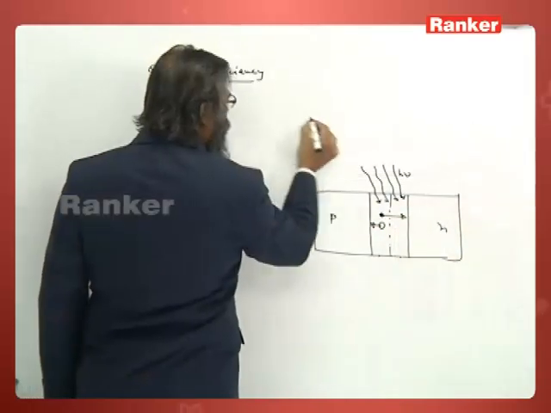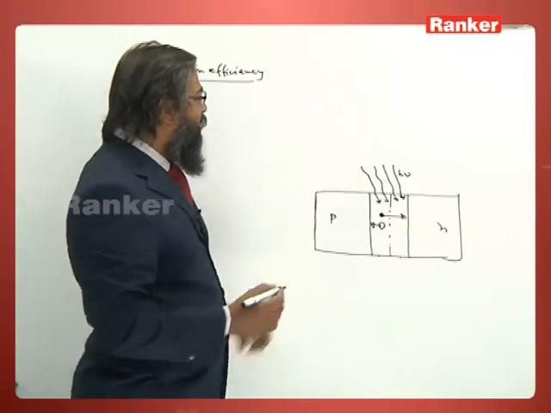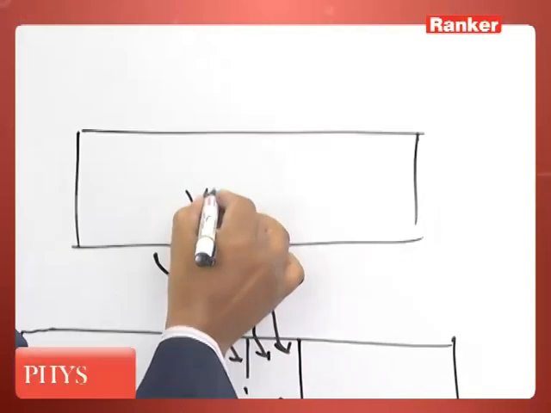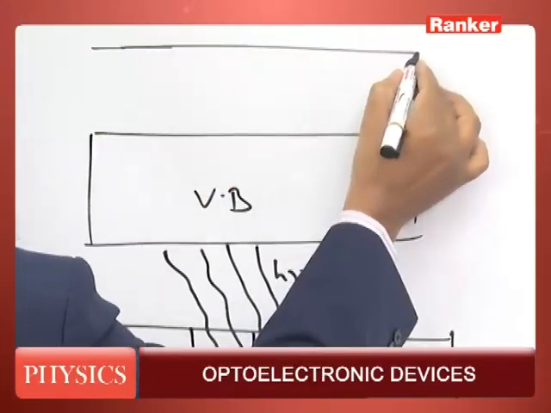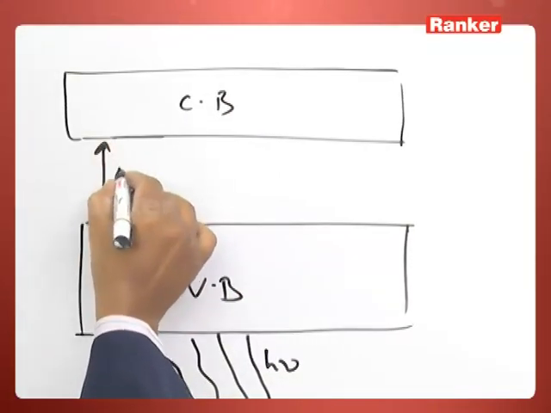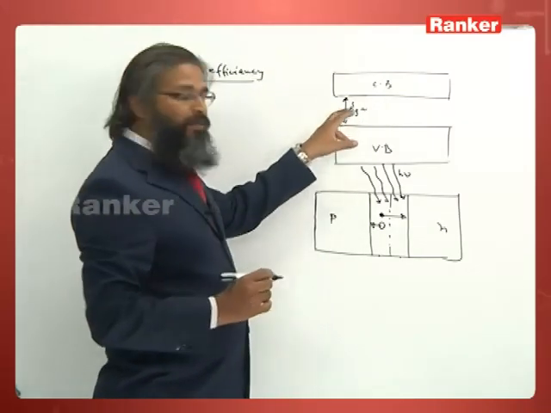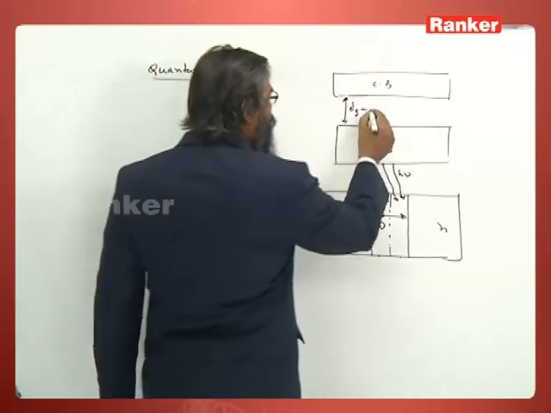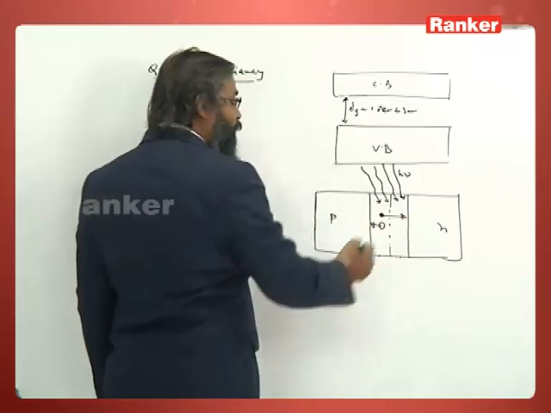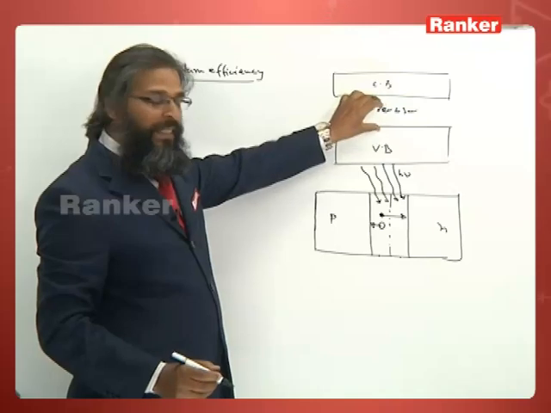you see, all the photons may not be absorbed and cause a transition from valence band to conduction band. You see, this is the valence band and this is my conduction band. Eg lies in the visible range, that is from 1.8 electron volt to 3 electron volt. So if I am using this photodetector for suppose 2.5, I will be only keeping it from 2.5.